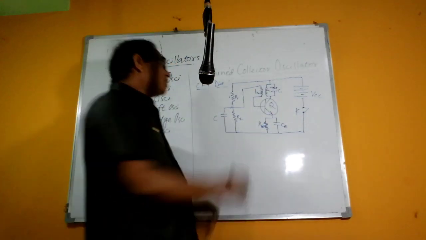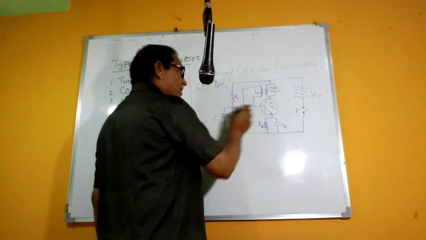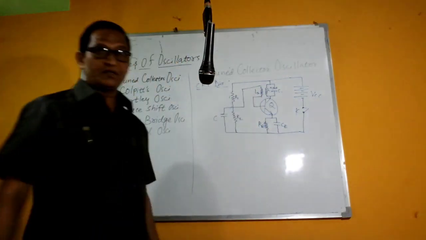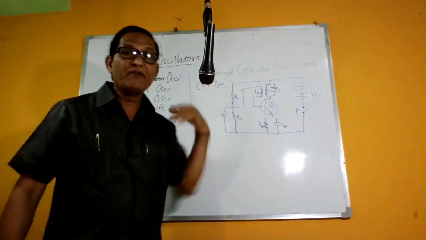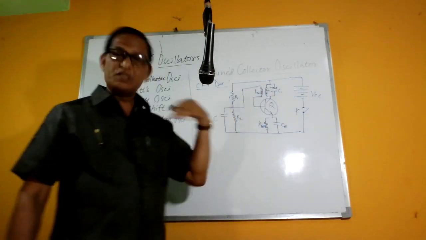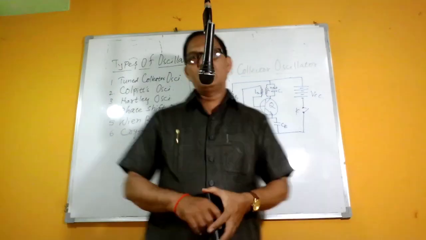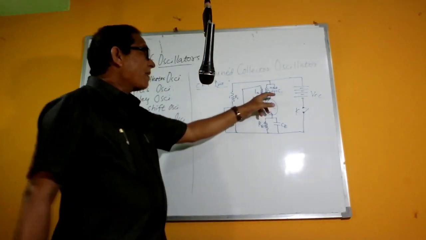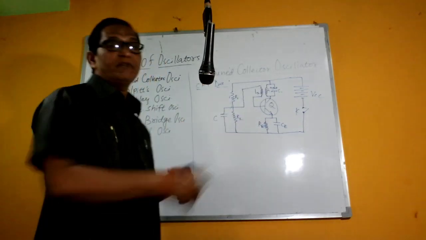This voltage which is developed across this coil is applied in between the base and emitter of the transistor, and it appears in amplified form across the collector circuit. This is supplied to the tank circuit as energy, so that whatever losses are there will be overcome.